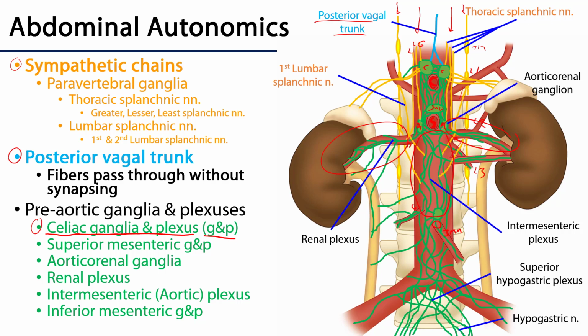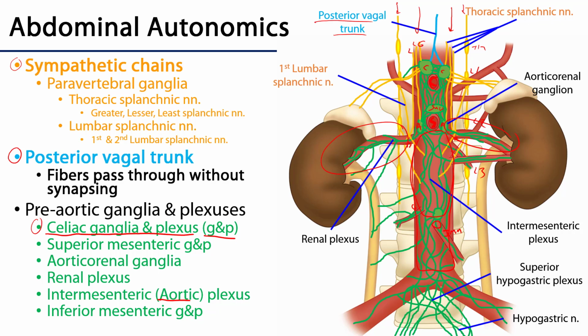That intermesenteric plexus is also known as the aortic plexus, but the aortic plexus is typically much larger. It continues on down to the bifurcation of the aorta, and most people will use these two plexuses interchangeably.